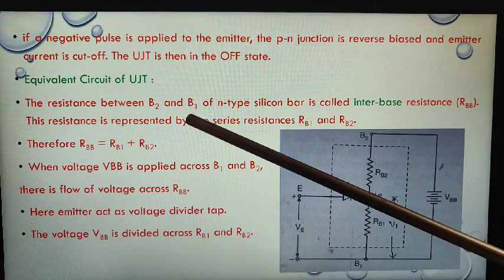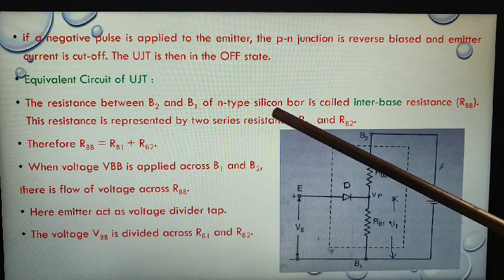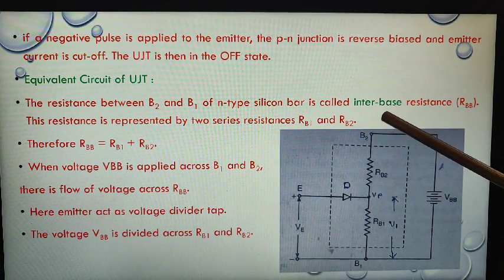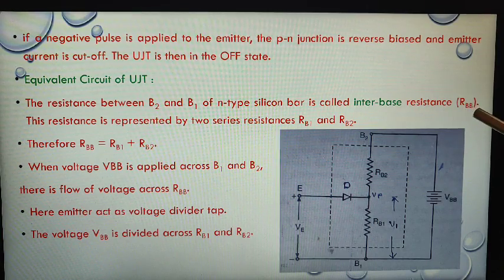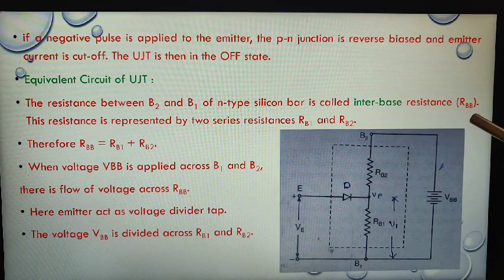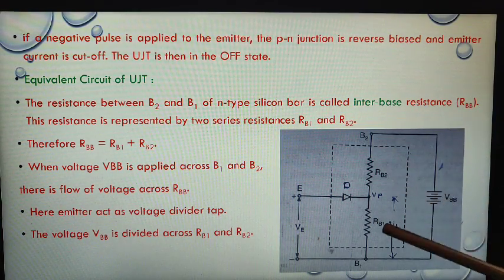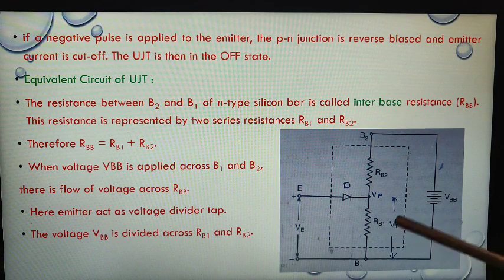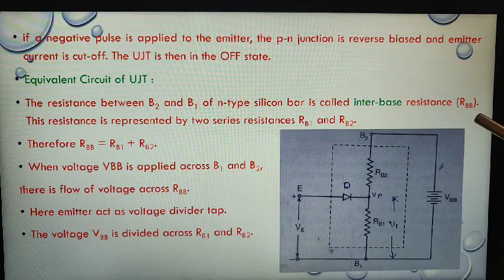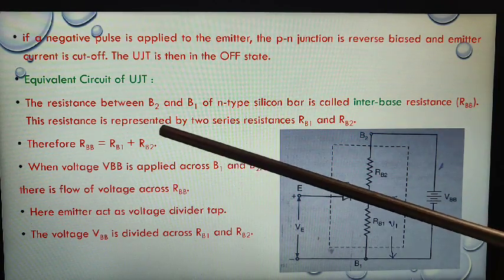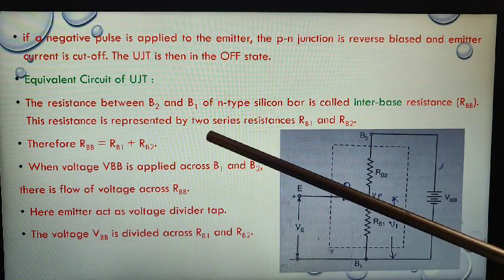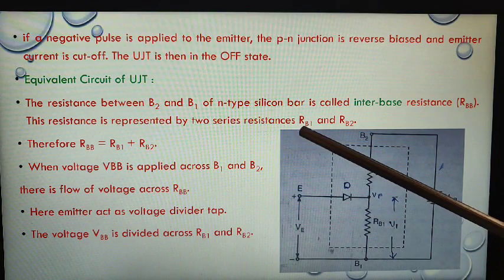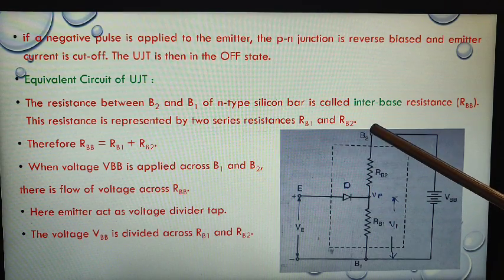The resistance between B2 and B1 of the N-type silicon bar is called the interbase resistance, RBB. This resistance is represented by two series resistances, RB1 and RB2.